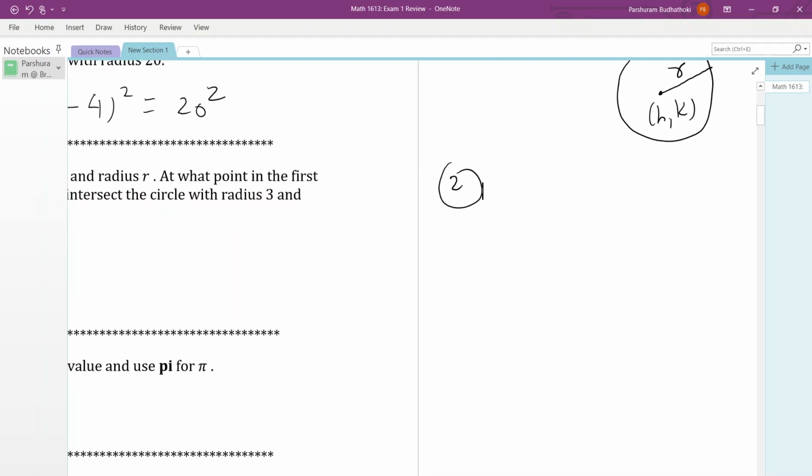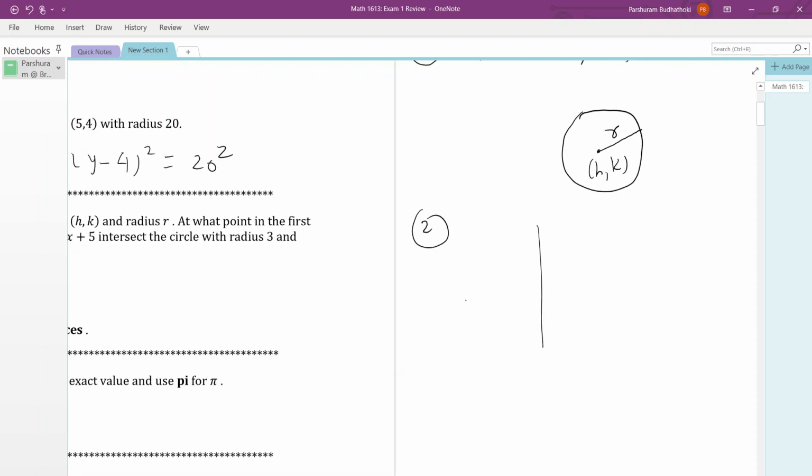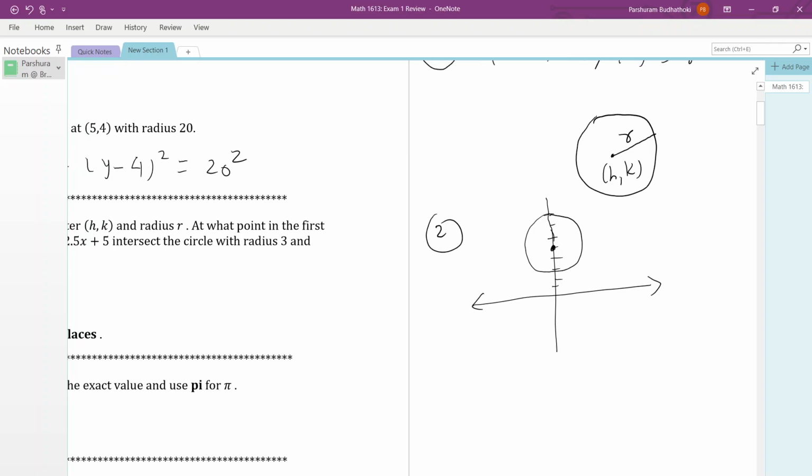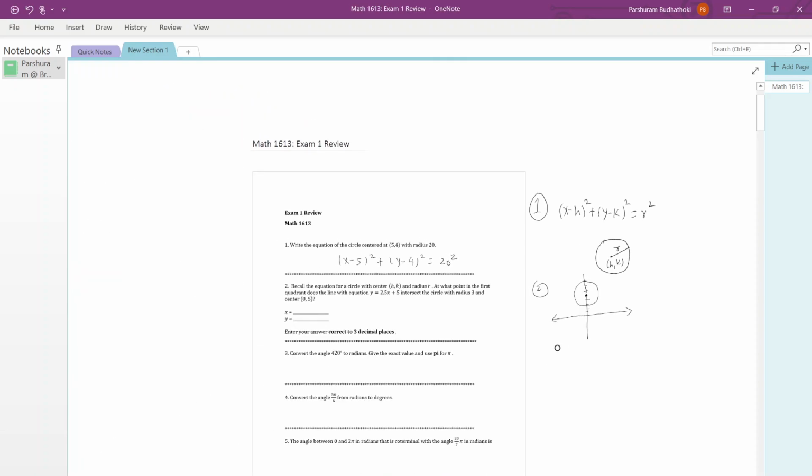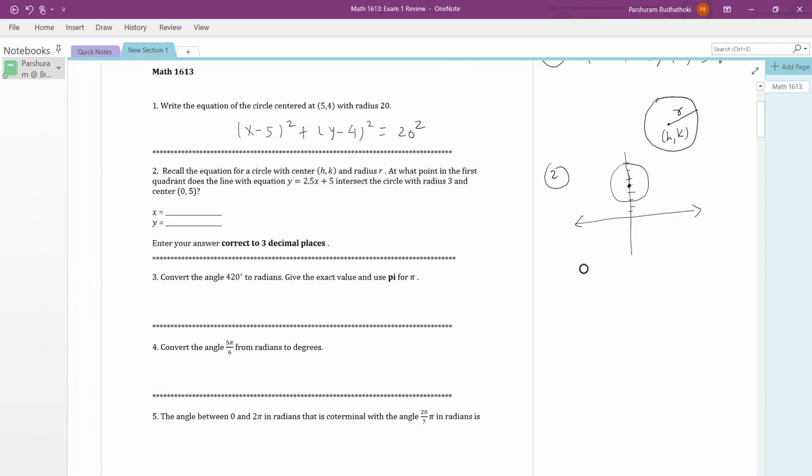So we have been given a circle with center at 0, 5 and radius 3, so something like that. And now we need to find out, there is an equation of a line.